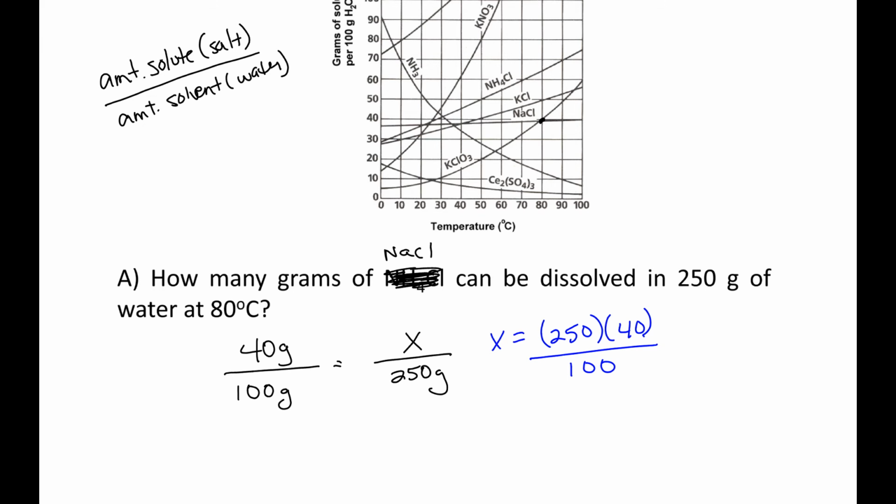Just like in the gas laws, we're going to cross multiply. Okay, we're going to multiply those two and then divide by that last one. And when we do this, 40 times 250 divided by 100, we get 100 grams. So it's 100 grams of NaCl. Okay?